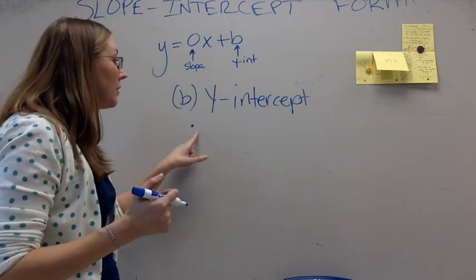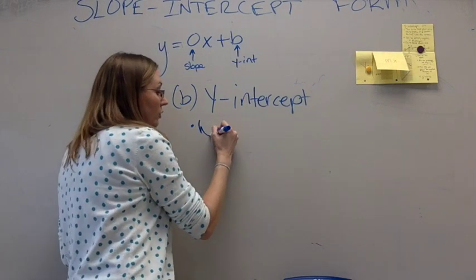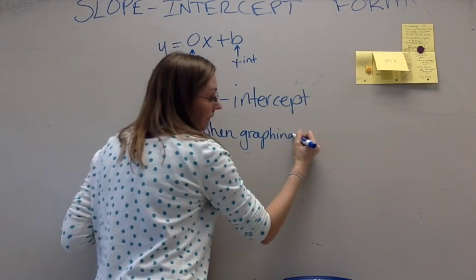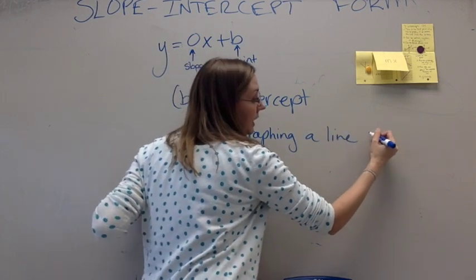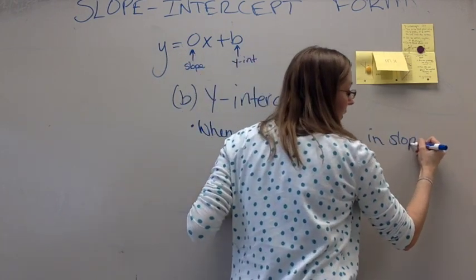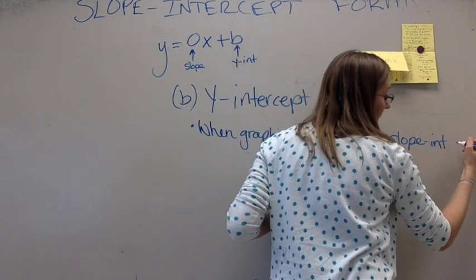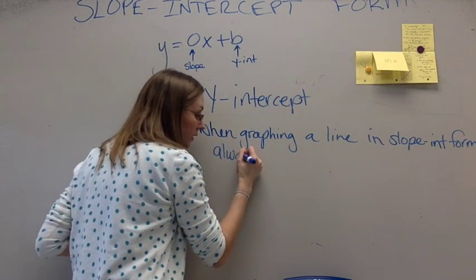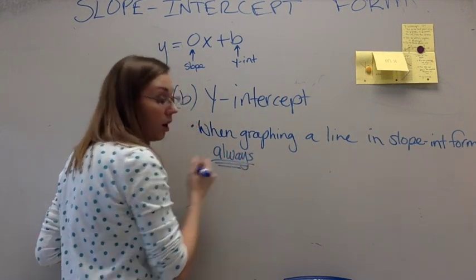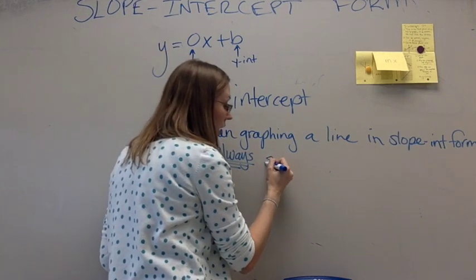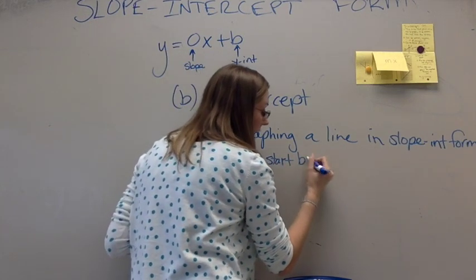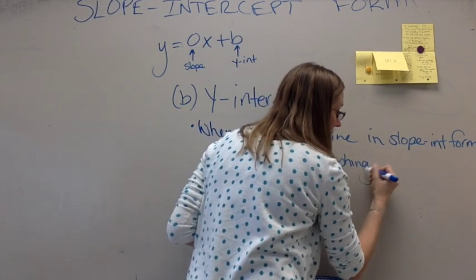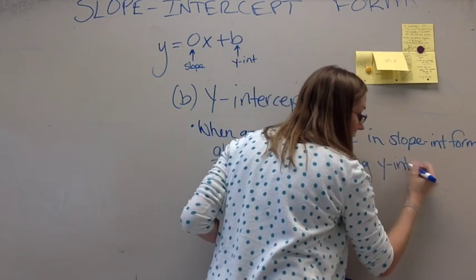Maybe I'll do that. But the most important thing here is that when graphing a line in slope-intercept form, you always, and I mean always, always, always, you always start by graphing your y-intercept, okay?